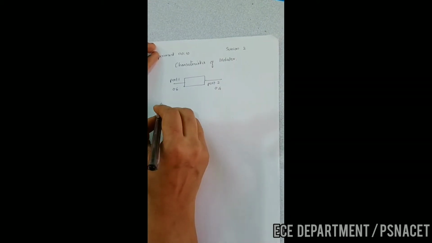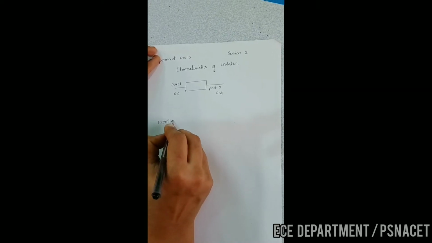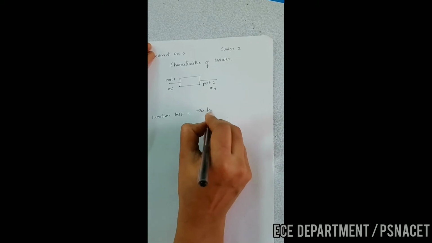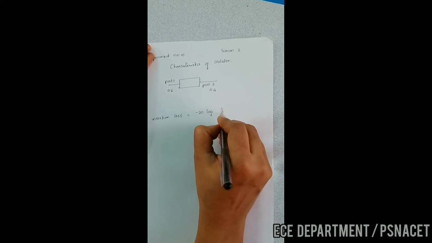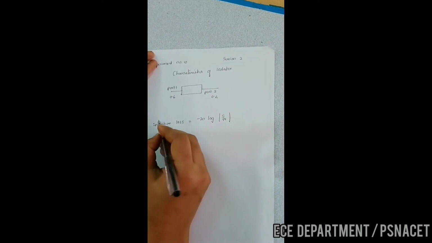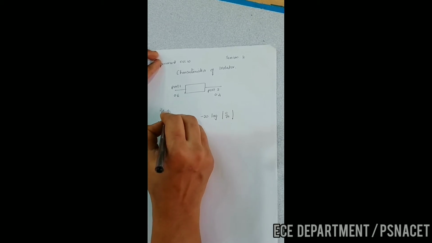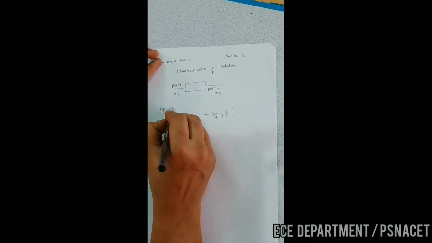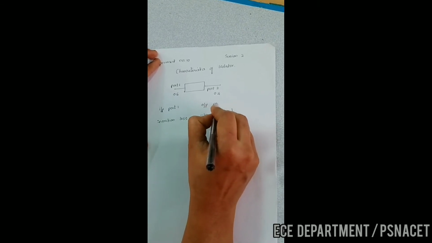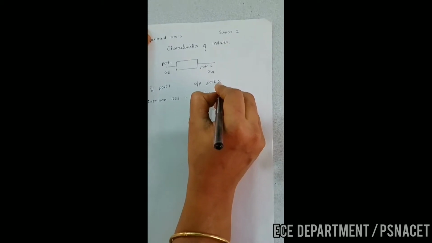Now we will calculate the insertion loss. Insertion loss is equal to minus 20 log S21. How are we getting the insertion loss? Recollecting what we have seen earlier, the input is given at port 1 and the output is obtained at port 2.